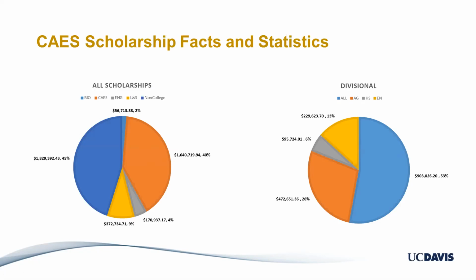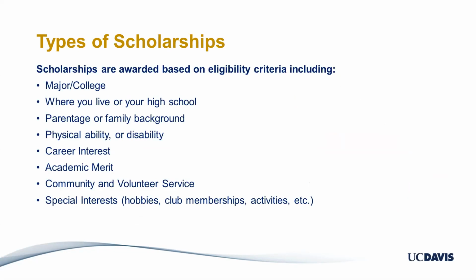Okay. So hopefully that showed you guys a little bit more of why we're reaching out to you specifically, because you have so many scholarship opportunities and we really want to award as many students these opportunities as possible. So now we're going to be moving on a little bit more into what we're looking at for the scholarships. So types of scholarships, they can really be based on anything.